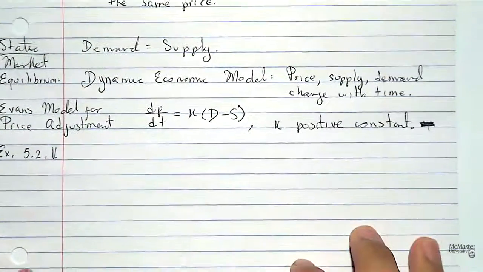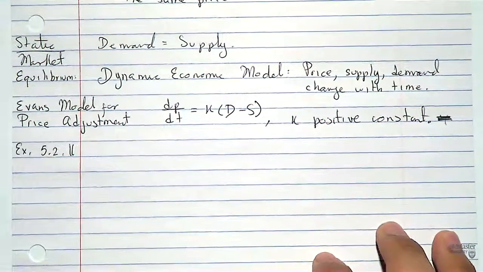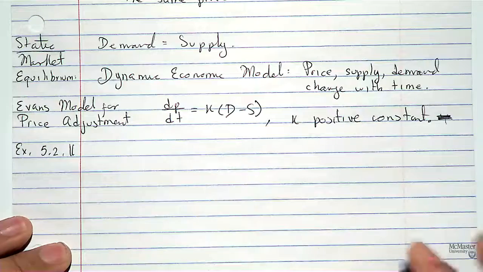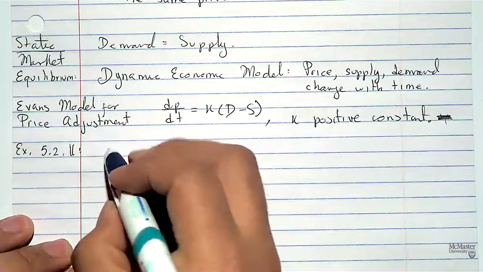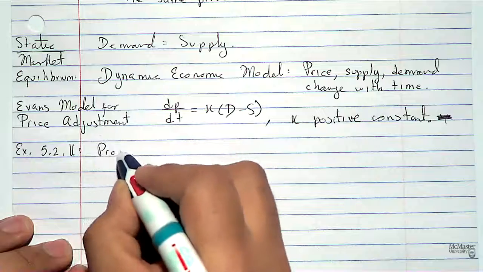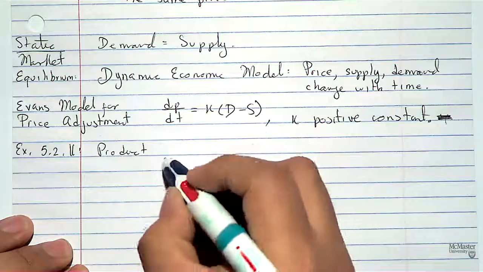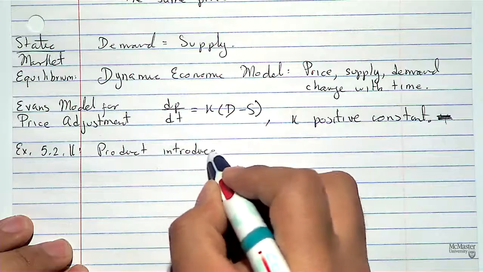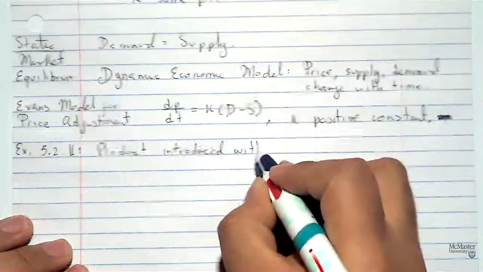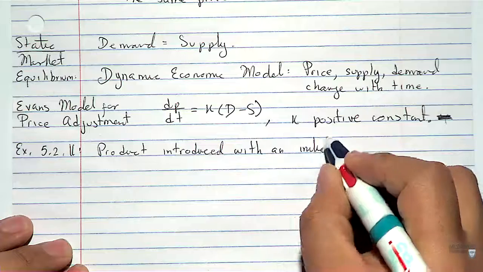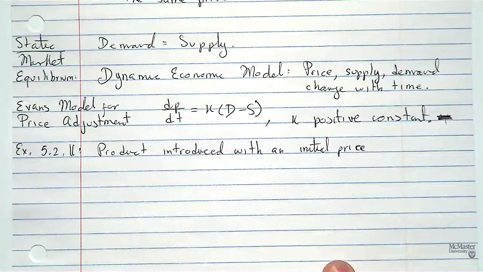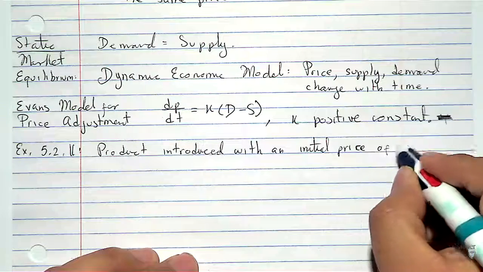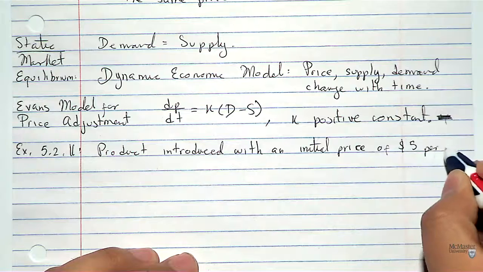Now we will do an exercise related to this model. So the statement of the problem is the following. We have a product introduced with an initial price of $5 per unit.